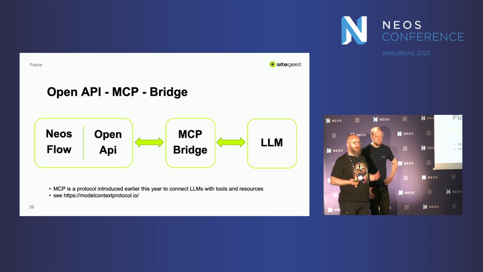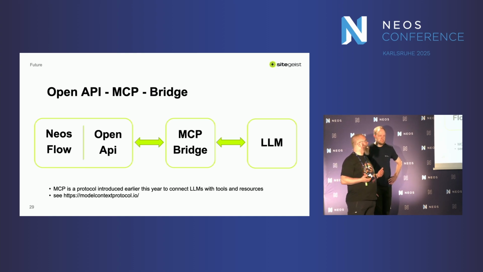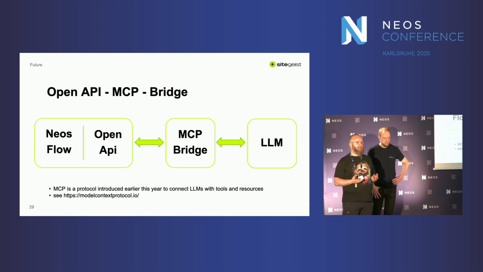That might be a way for us to have fast iterations when we are experimenting with tools we want to provide to a language model. And I would love to check that out and see what kind of API has to be given to a language model to actually get successful results.